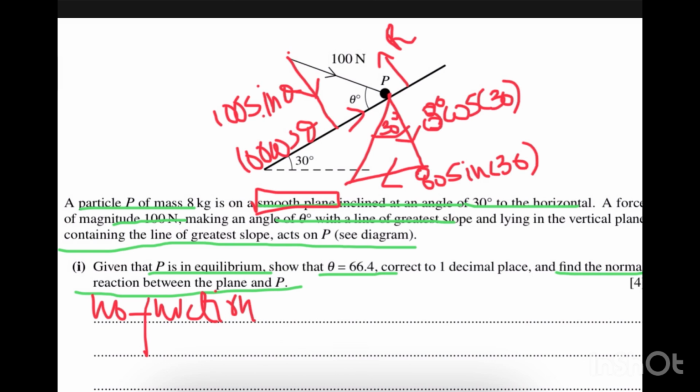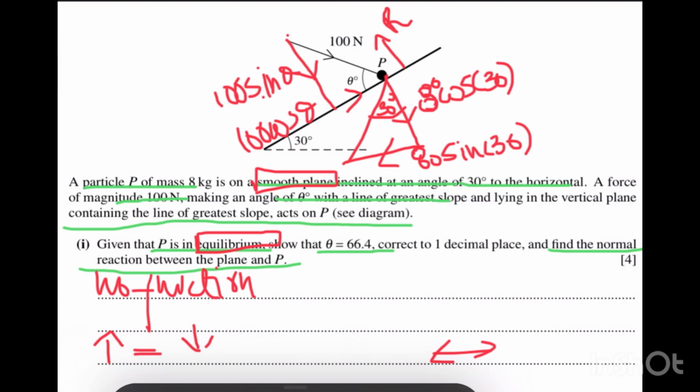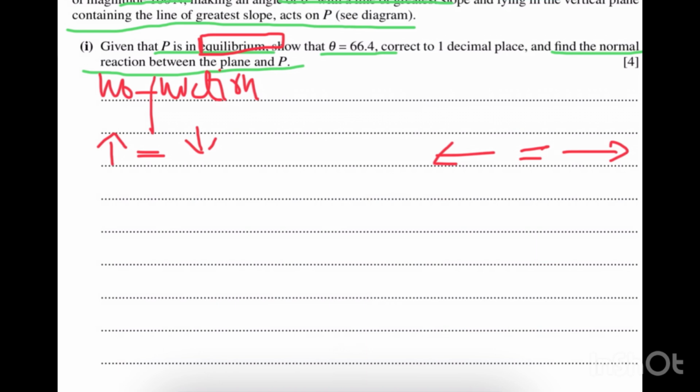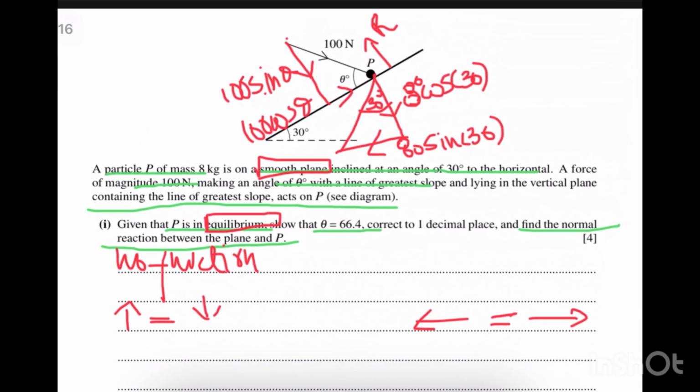They've told us that the particle P is in equilibrium. So as in question number 2, the forces acting upwards must be equal to the forces acting downwards, and the forces acting leftwards must be equal to the forces acting rightwards. Let's write down the information by looking at the diagram.